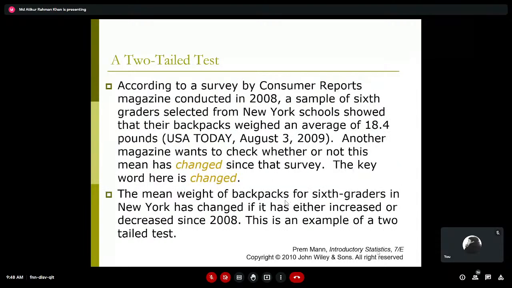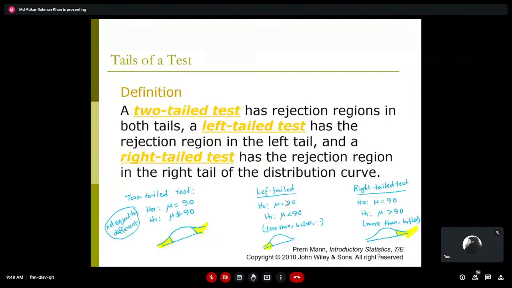Now, at the beginning, when we try to solve any problem, especially one related to hypothesis testing, we need to define the null and alternative hypothesis. Then we think about the distribution to use.